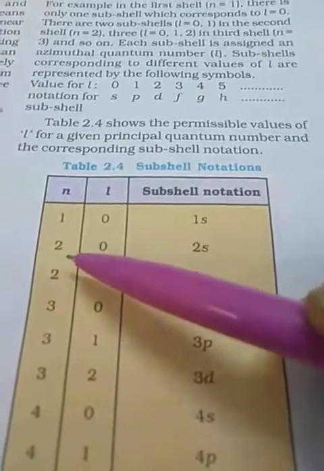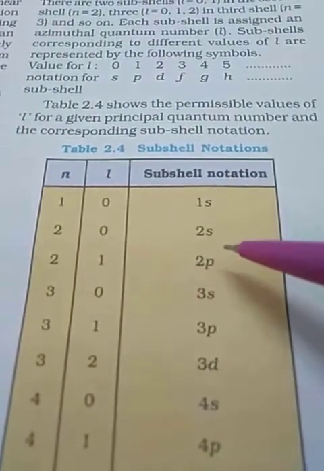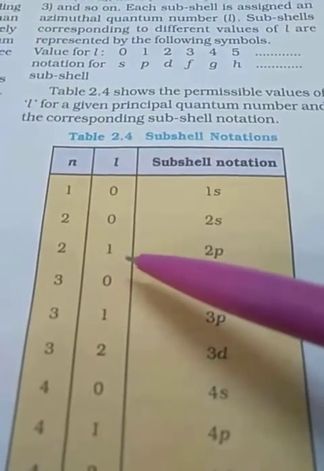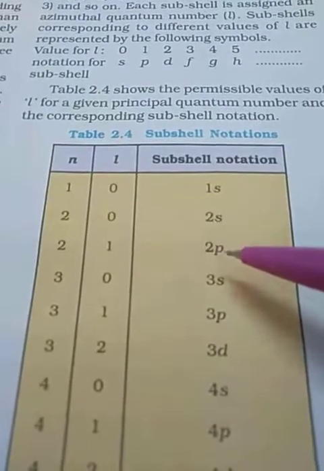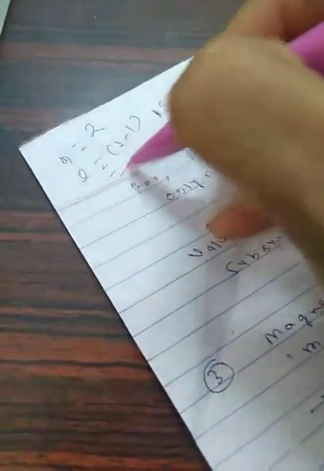Now if the principal quantum number is 2 and l is equal to 0, then 2s. Next, n is equal to 2 has two values. I am writing here: n is equal to 2, l is equal to 2 minus 1, that is 1.